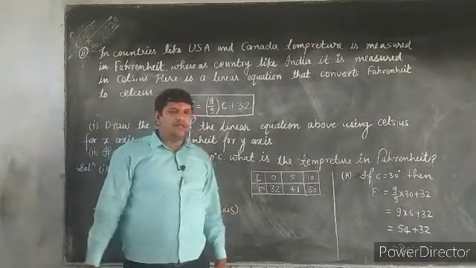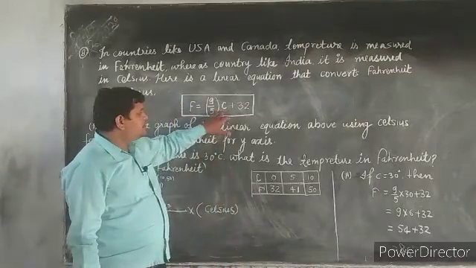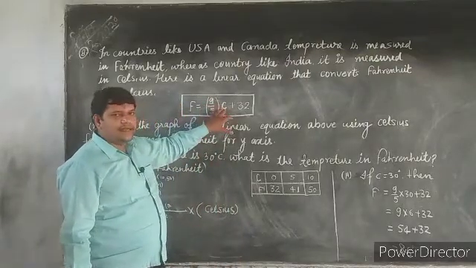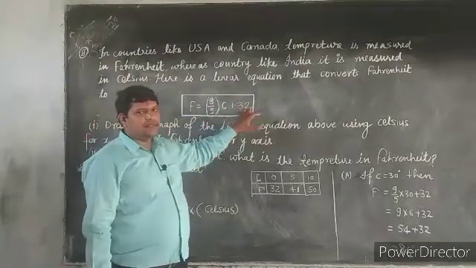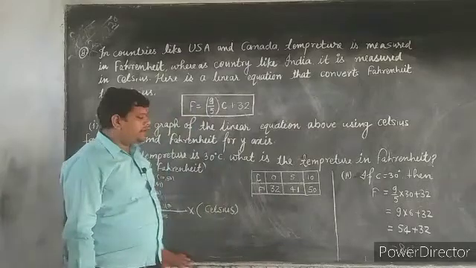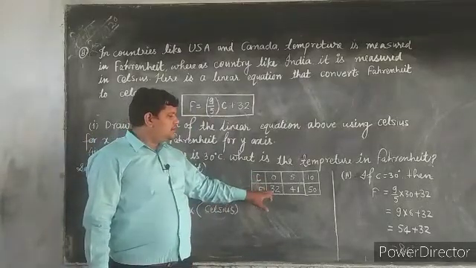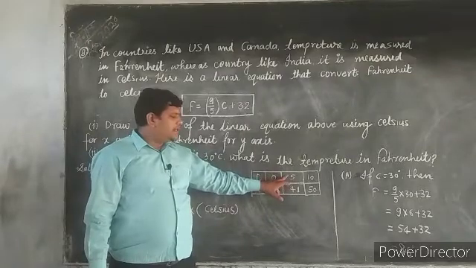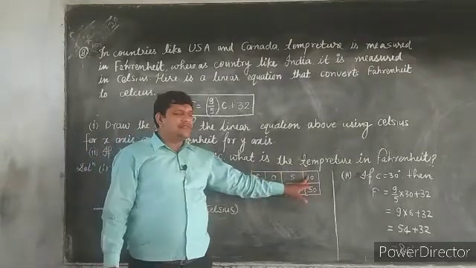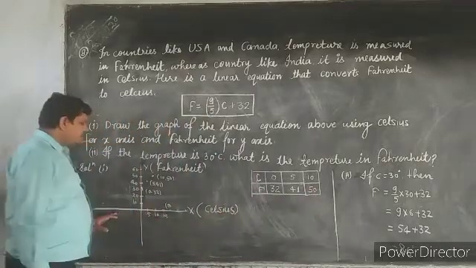Either you can find one or two more values, so we are putting another value. When C is 10, F will be 50. It means when C is 0, F is 32; when C is 5, F is 41; and when C is 10, F is 50. You have 3 points.